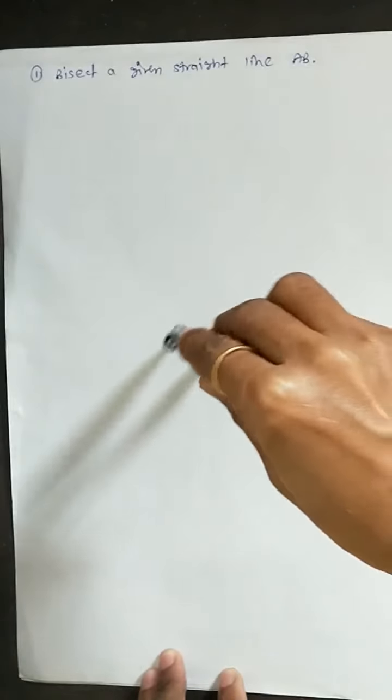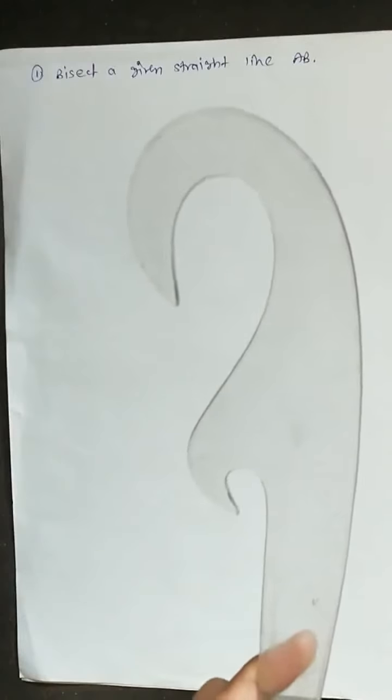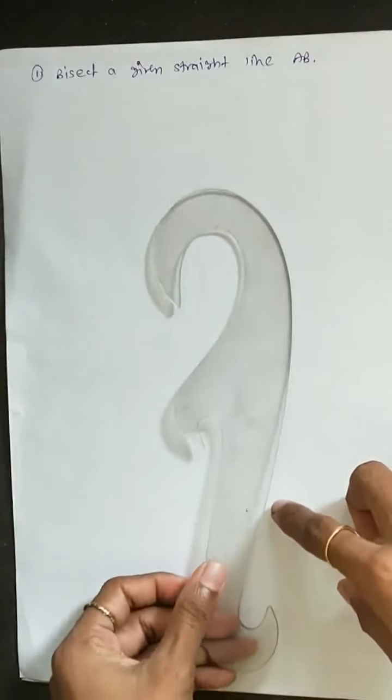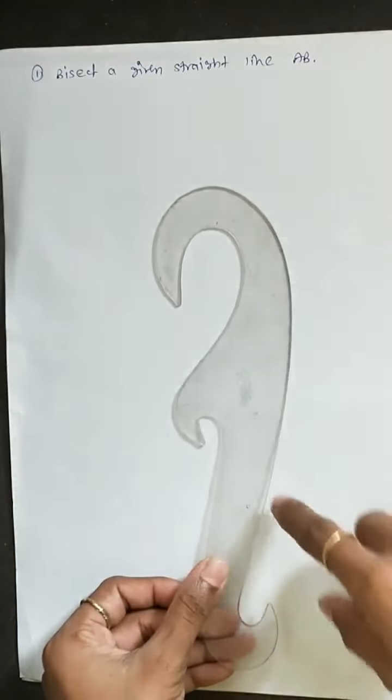It is used to draw arc or circle. Then you have to use a pencil which is not an HB pencil, it is H or 2H pencil. Then this is French curve. It is used to join various points.